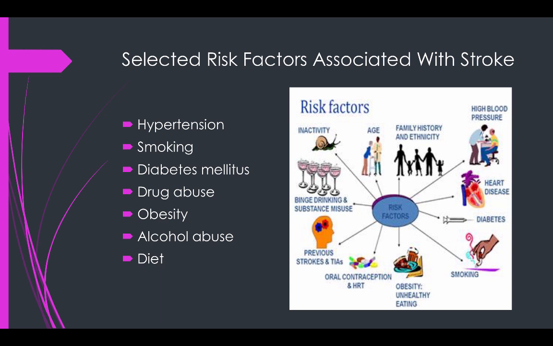Some things that we may not be able to necessarily control would be age, hypertension or high blood pressure. Again, if that's hereditary, then we may not have control, but if it's associated with our poor eating and exercising habits, then we may have control on that. Heart disease, diabetes, previous strokes and TIAs could also impact it as well.